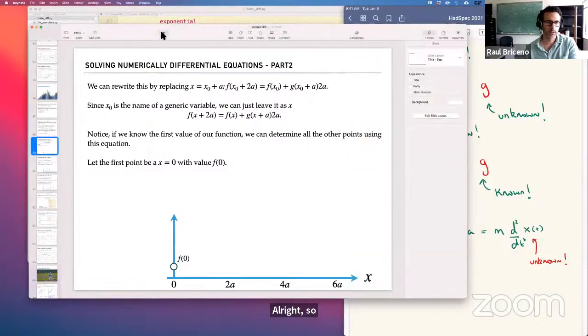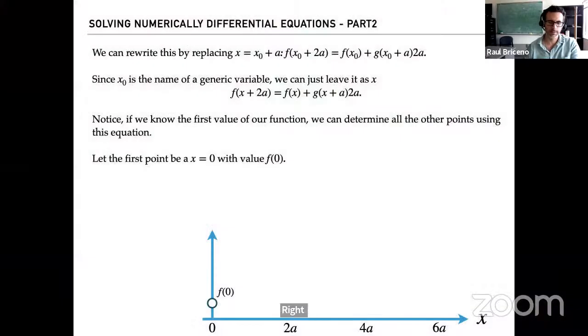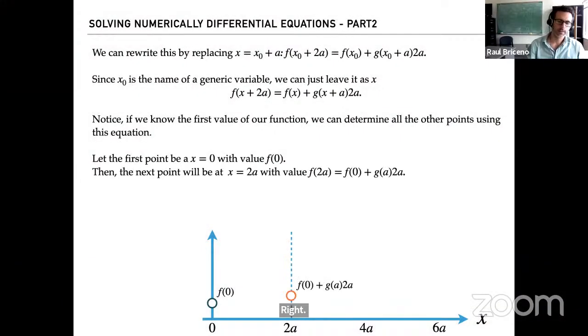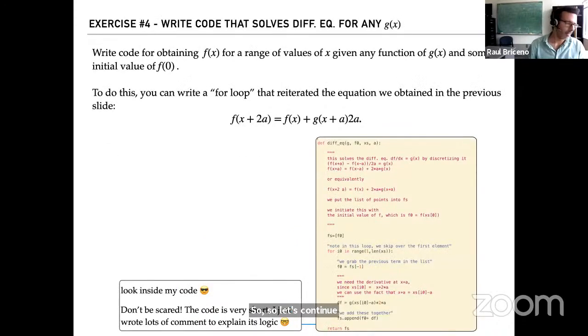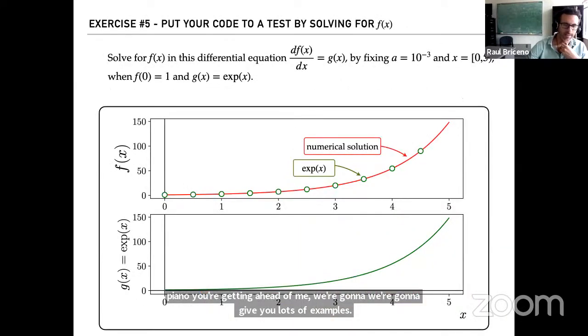So let's continue ahead. So this gives you a procedure for doing this. Then the next thing that you can, Diana, you're getting ahead of me. We're gonna give you lots of examples. So you're gonna test it out. Here's an example.